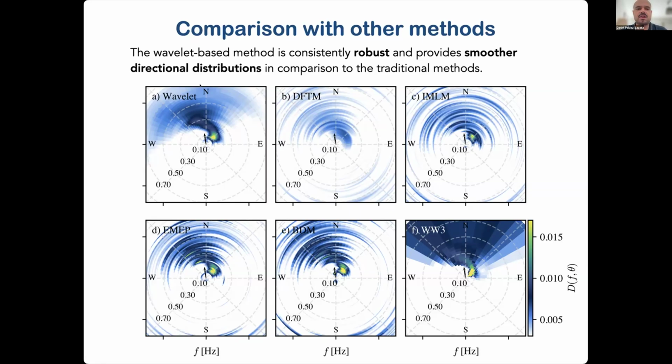So you can see the estimation of the wavelet method is, we can say, smooth, and you can distinguish, for example, a train of waves traveling in this direction, and shorter waves turning towards the wind direction.